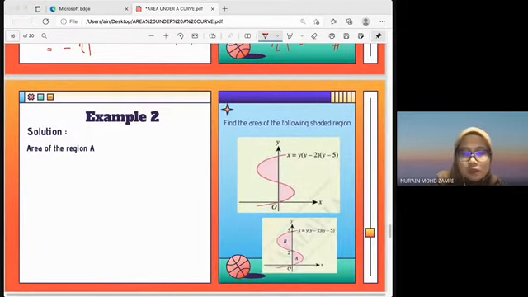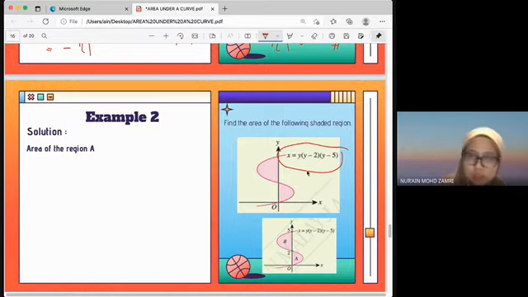Let's do the last example for today, which is example 2. This is the combination of left and right. So the diagram shows a part of the curve which is x equal to y(y minus 2)(y minus 5). Find the area of the following shaded region.